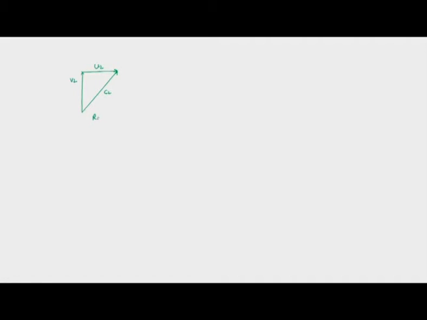This is for radial, as what we had drawn earlier. In case of backward facing, we have v2, u2, and then c2. This is backward.